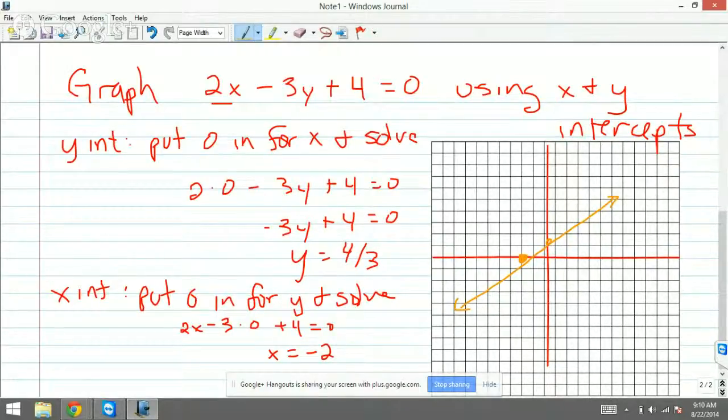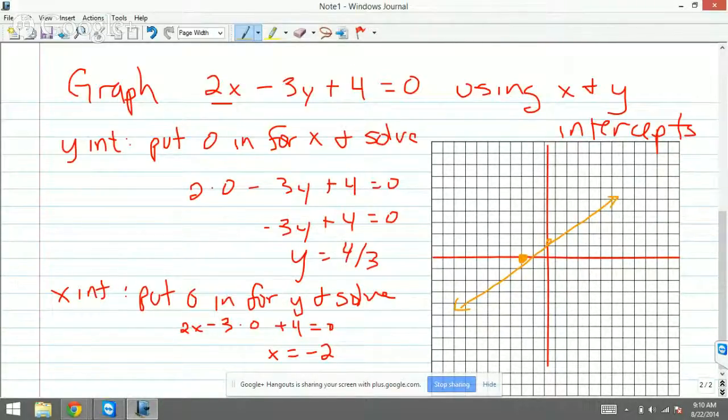There it is. No, it's not. It's just different than we've seen it. So x-intercept's -2, y-intercept 4/3. Done. Okay, another way to do it.